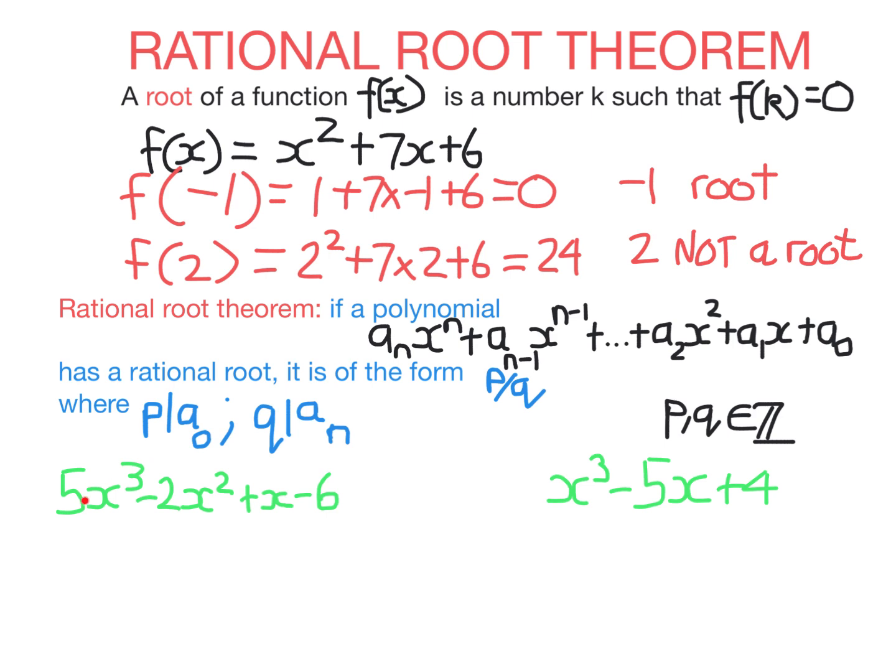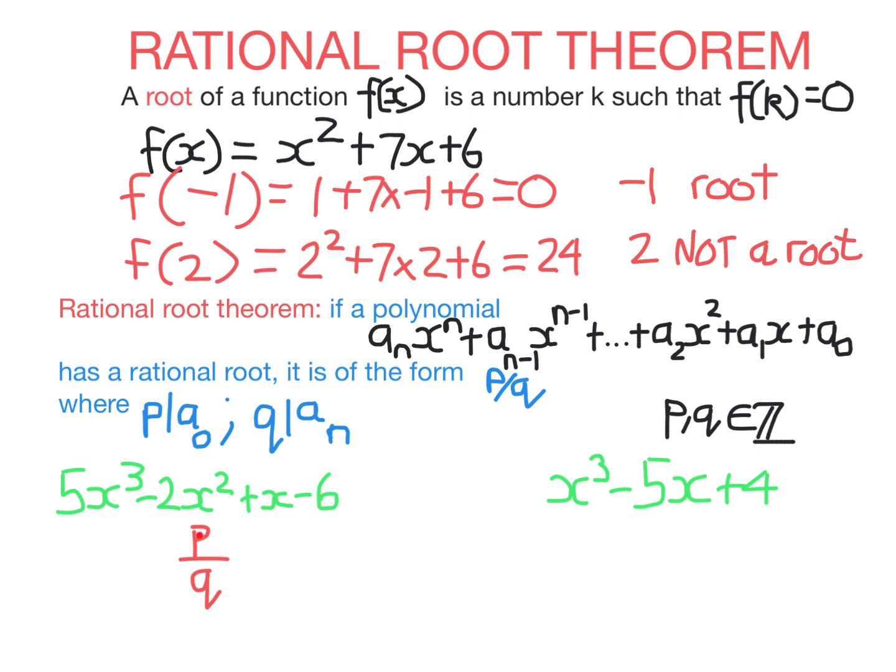So let's say I wanted to find a rational root here. We're not actually going to find the root. We're just going to look at candidates. So the rational root theorem says it will be a fraction, p over q. That's what rational means, an integer over another integer. So p has to be a factor of a0, the constant term.